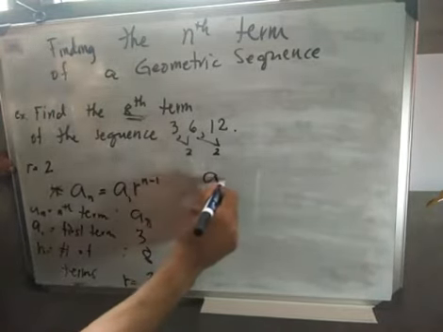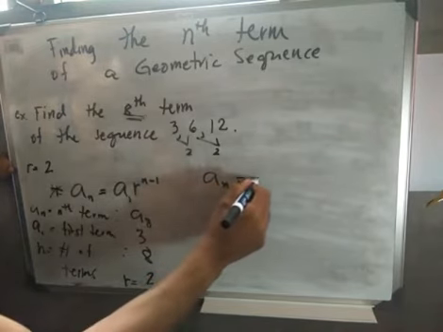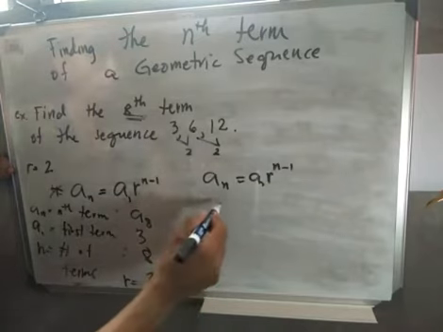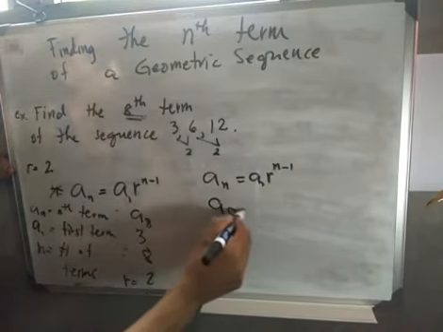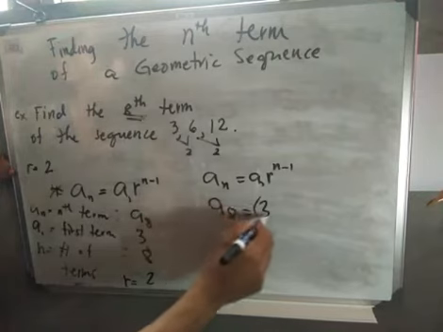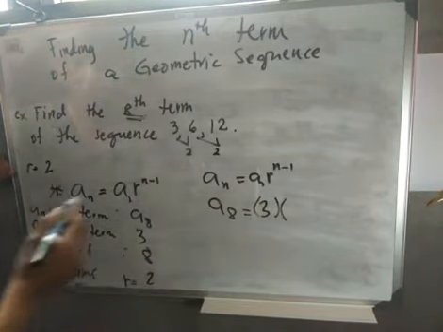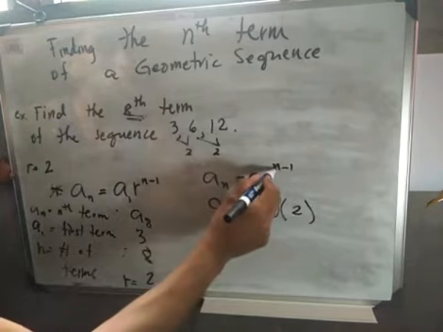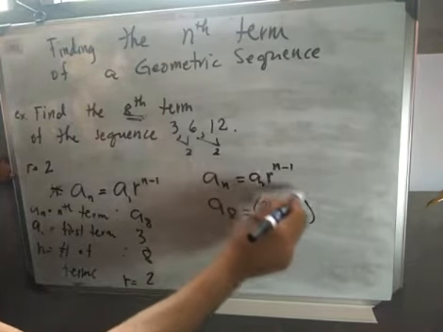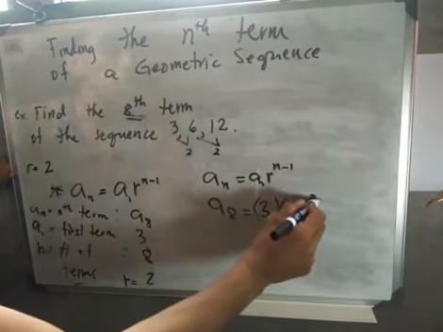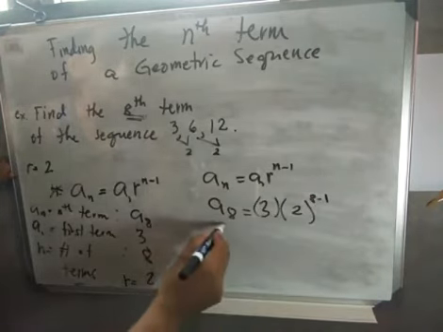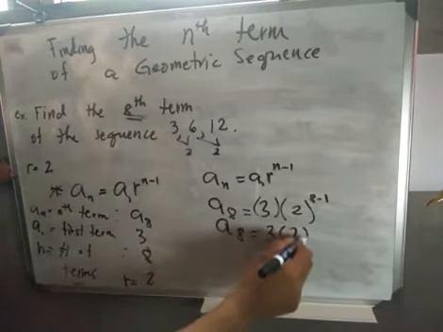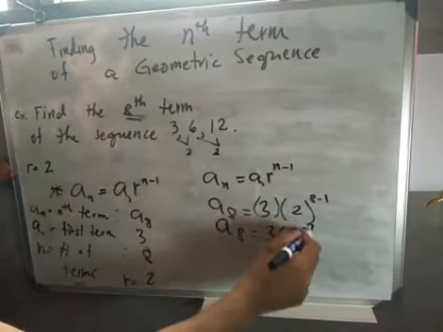We have a sub n equals a sub 1 r raised to n minus 1. So, a sub 8 is equal to the a sub 1, 3 multiplied by yung r natin, that is 2, raised to yung n, that is 8 subtracted by 1. So, a sub 8 is equal to 3 times 2 raised to 8 minus 1, that is 7.